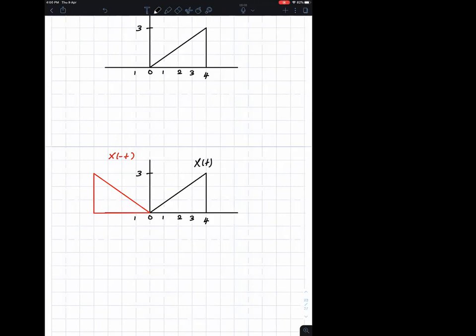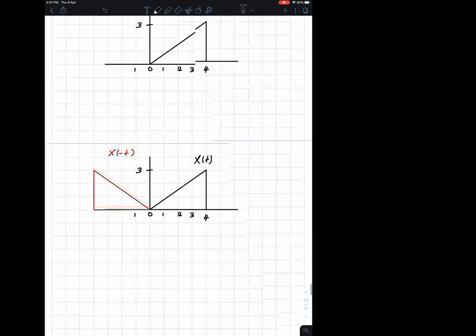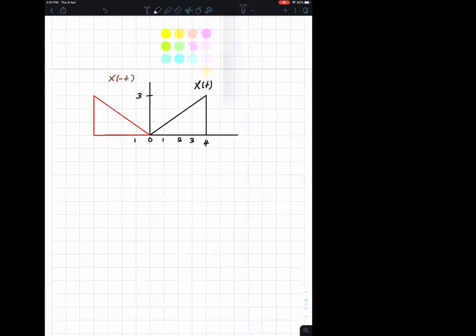So we can see what time inversion does. They all have applications when you go to signals and systems, time inversion. Then we look at time scaling.